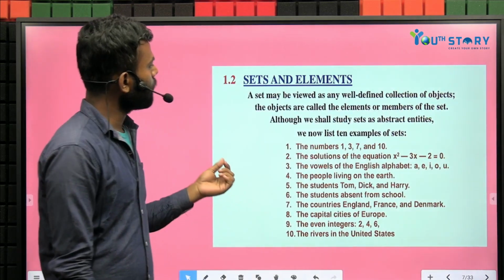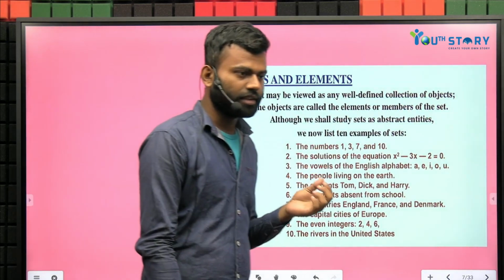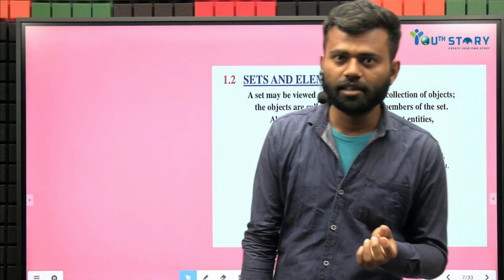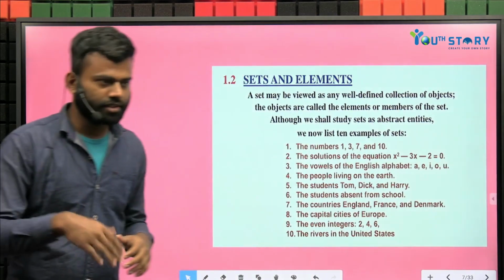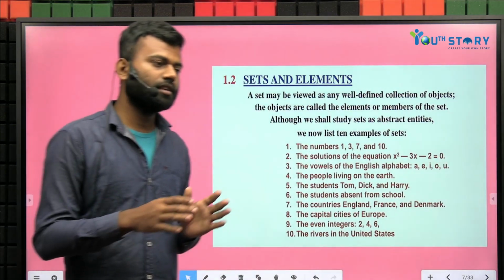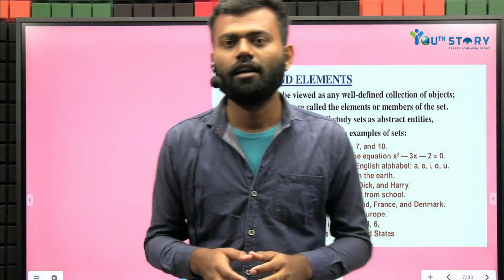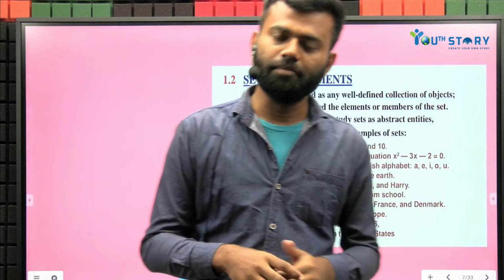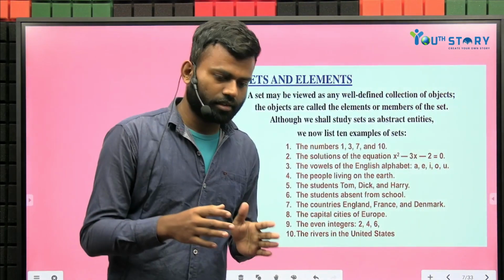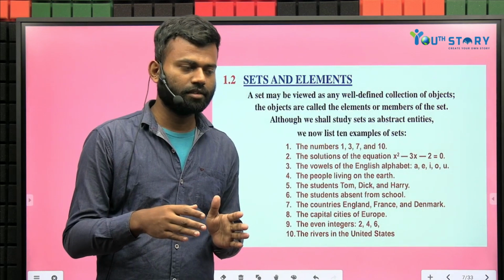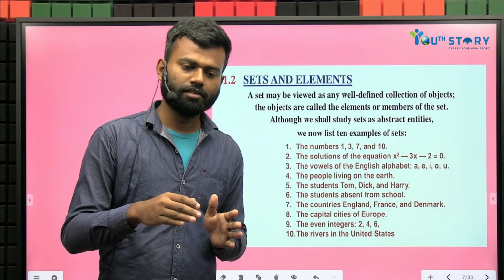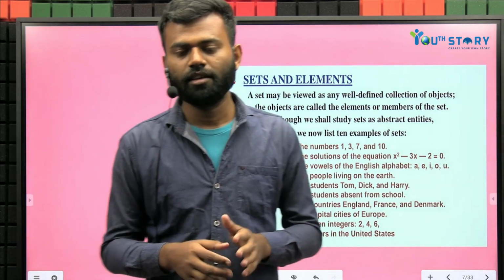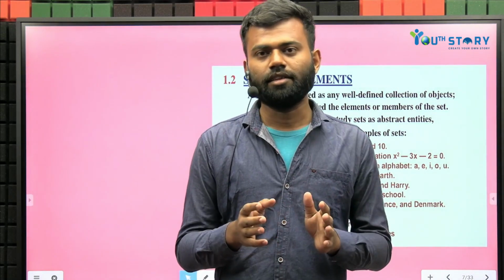So basically, two main characteristics: in a set we can't allow any repetition, and well-defined means for any object, whether we take or reject the object, that will be specific, that will be fixed.